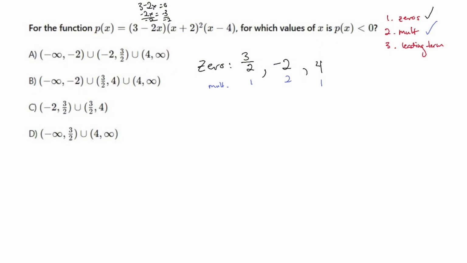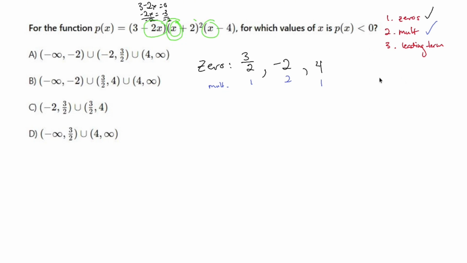Now the last thing I have to do is find out the leading term. You find the leading term by taking the leading term of each parentheses and multiplying them to each other as many times as you're supposed to. In this case, I'm multiplying this second x twice because the parentheses is squared.